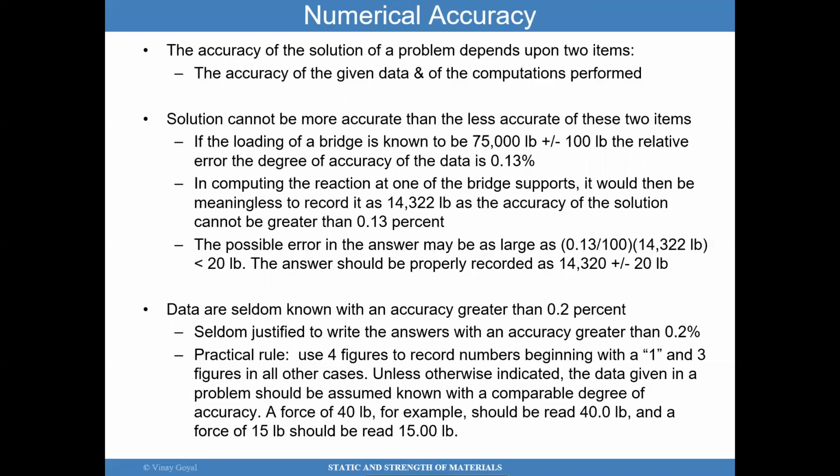So one way to show the answer is to say, the error should be 0.13 divided by 100 times 14,322 pounds. And so you know that the error cannot be larger than 20 pounds. And so you may want to report your answer as 14,320 plus or minus 20 pounds.